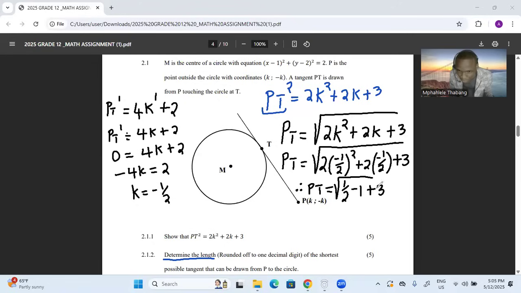For you guys, just press a calculator. So PT equals the square root of a half plus 2, which is 5/2. So the shortest distance from P to T is the square root of 5/2.